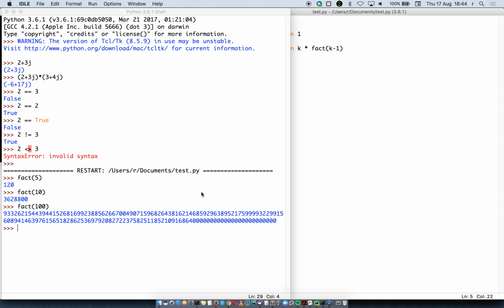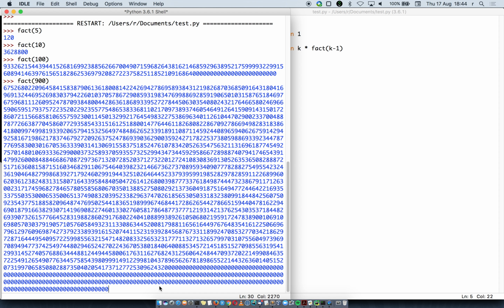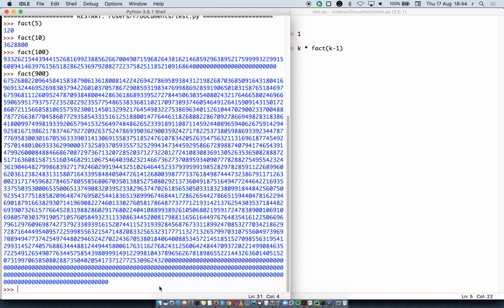So what if I ask for factorial of 1000? I might not be able to do factorial of 1000 because the recursion depth is 1000, but let's try 900. I get the entire number here. So this should surprise you.